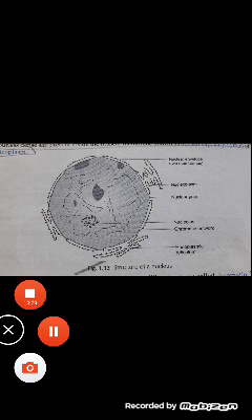So, dear students, these are the 4 types of chromosomes which we can observe present within a nucleus. Now, let us discuss the prokaryotic chromosomes.